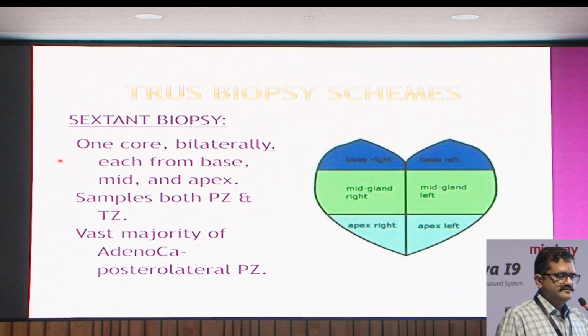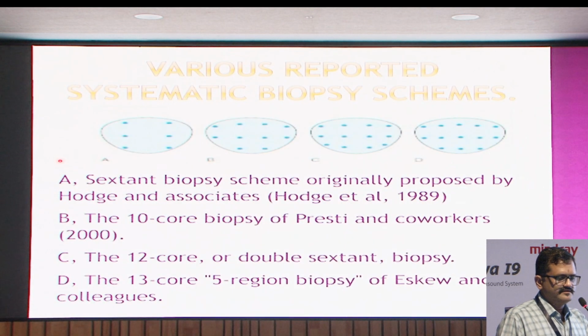Various other schemes are also reported. The primary is the sextant biopsy scheme, which was introduced by Hodge in 1989. Then comes the 10-core biopsy of Presti, introduced in 2000. Then comes the 12-core or double sextant biopsy, and the 13-core or 5-region biopsy technique.